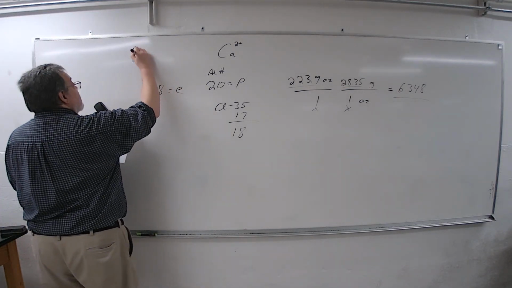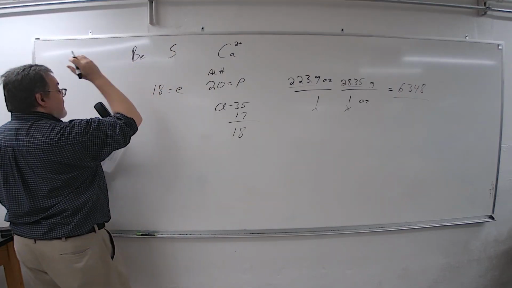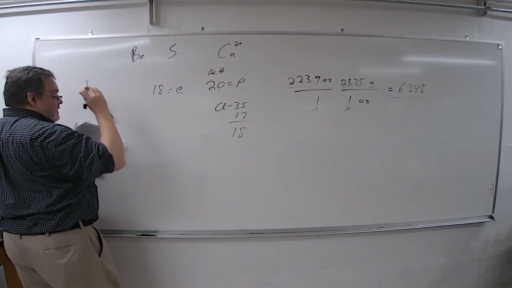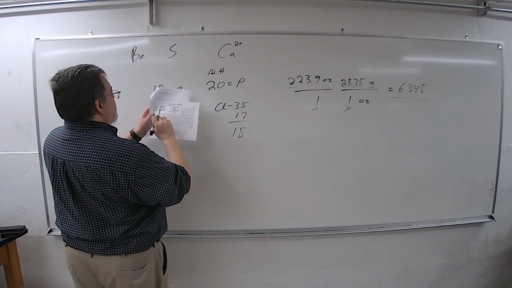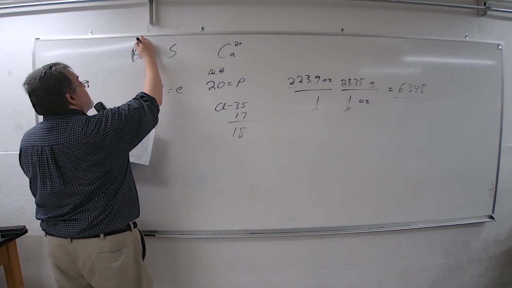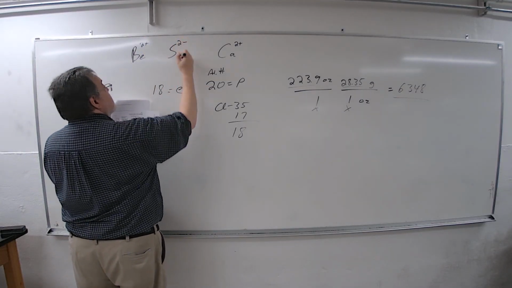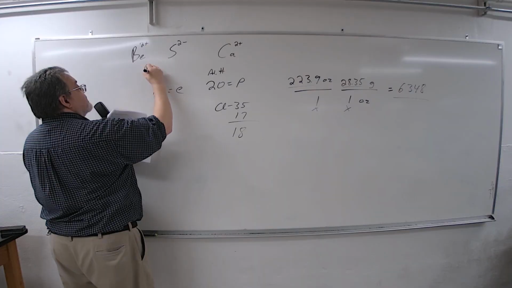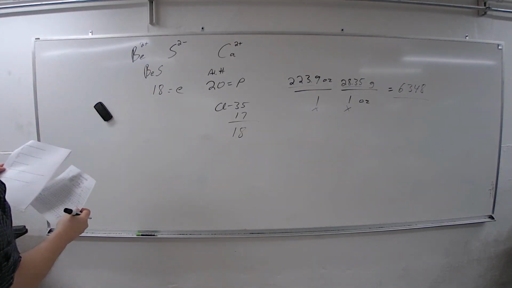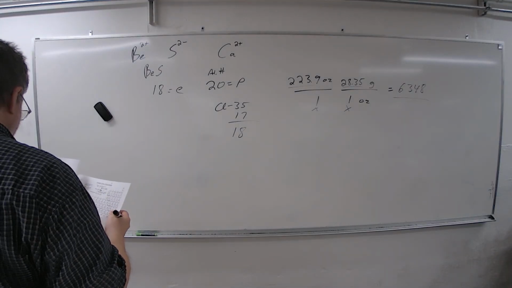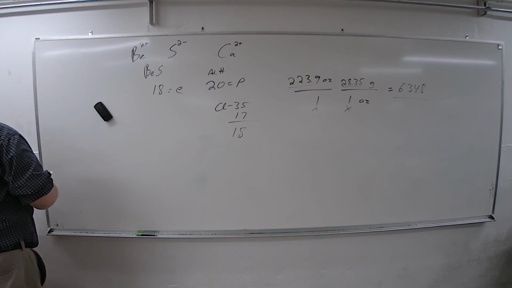Okay, ionic compound. BeS. What's the charge on Be? Well, if you have your periodic table, you see it's there. So that's going to be 2+, and sulfur is what? 2-. So the formula is just BeS. And it's D. 15.